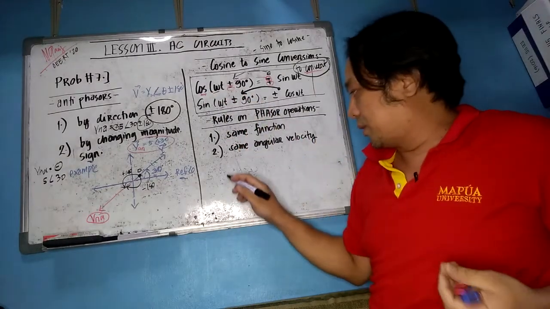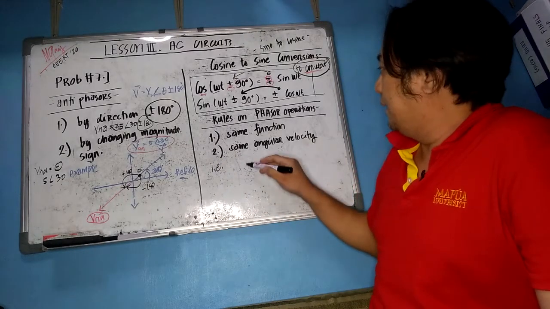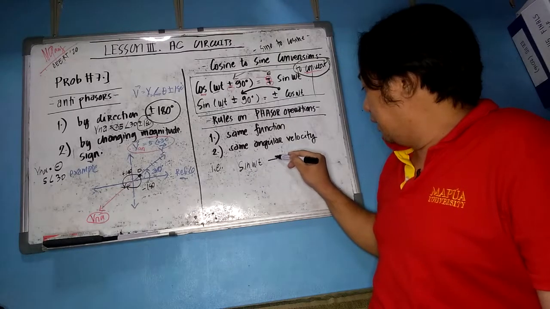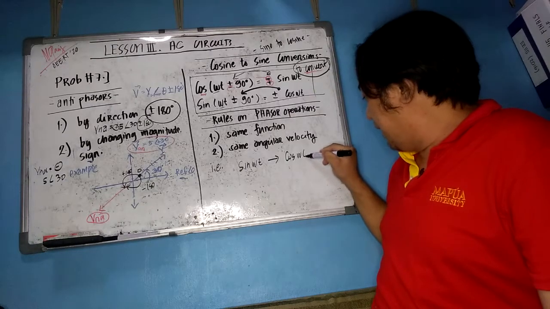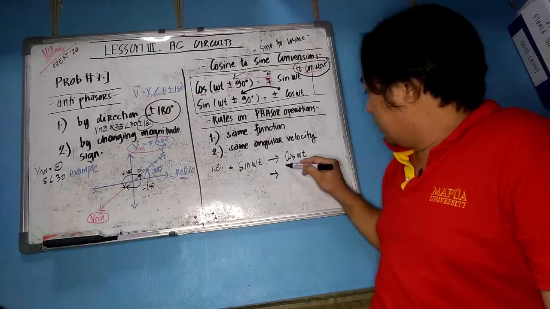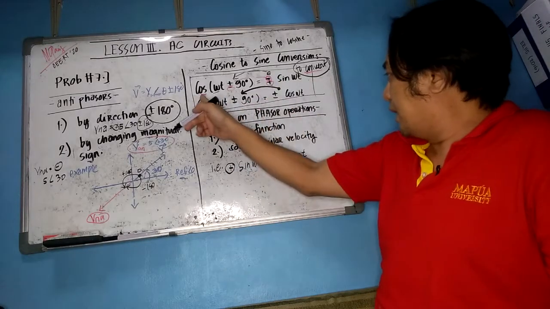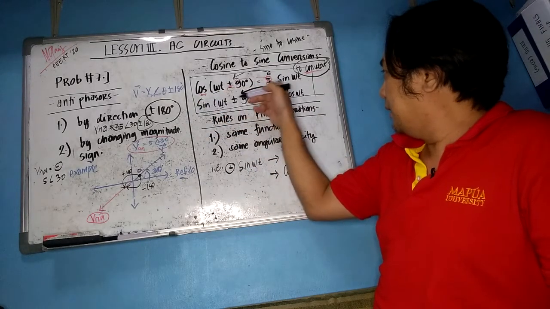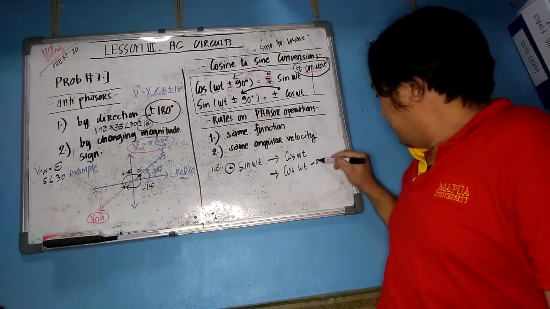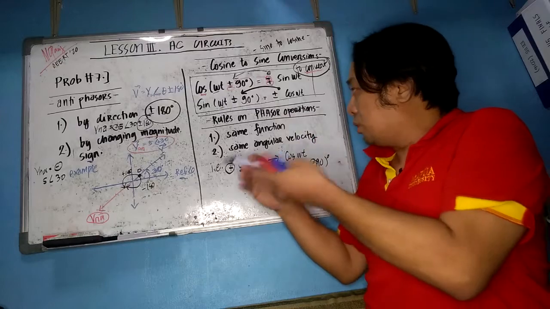Or in other words, if I want to convert sine omega t to cosine omega t, positive for example, so positive sine to cosine, see the polarity mark, I need to minus 90 degree.